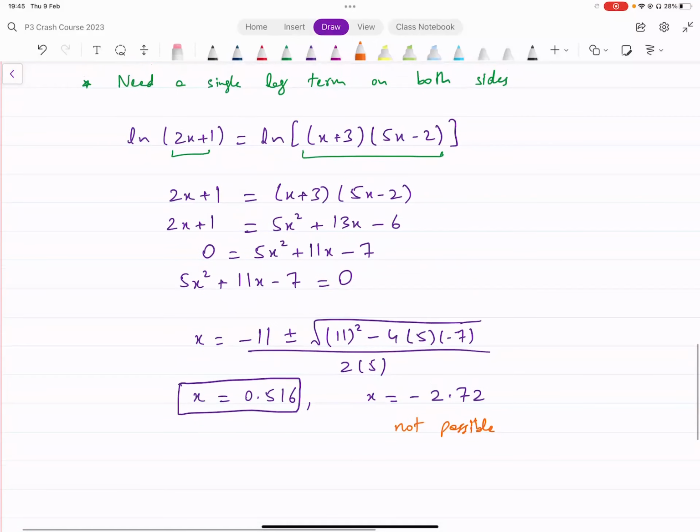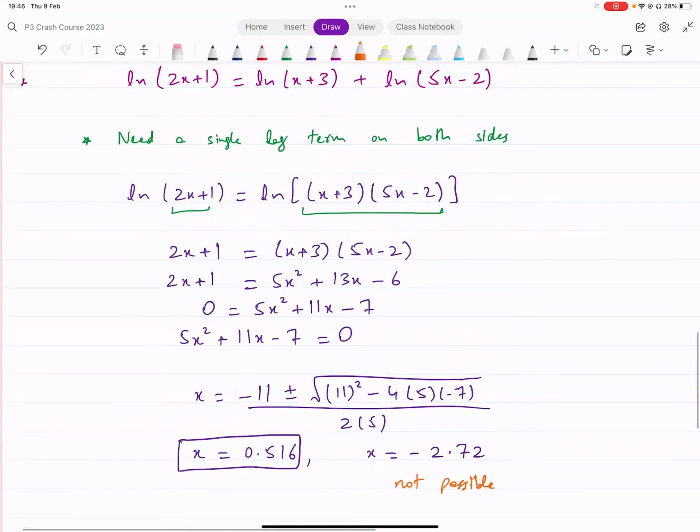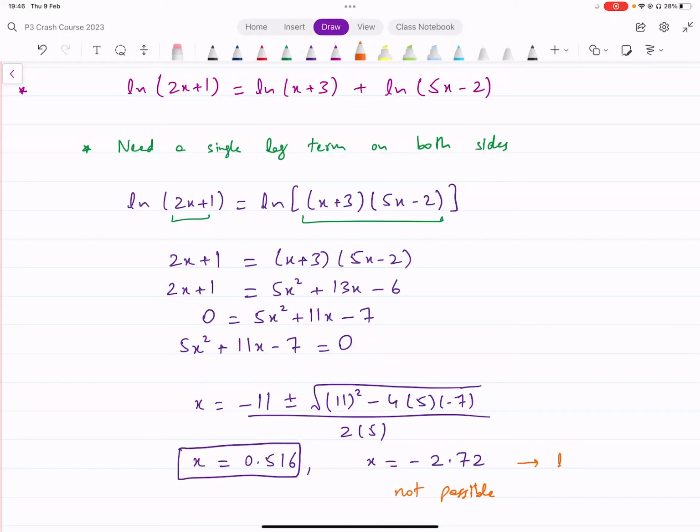So in this case, minus 2.72 is not going to work because it makes the part inside, 2x plus 1, negative, and then this would become undefined. It also makes 5x minus 2 negative, and that also becomes undefined. So this answer is not possible.